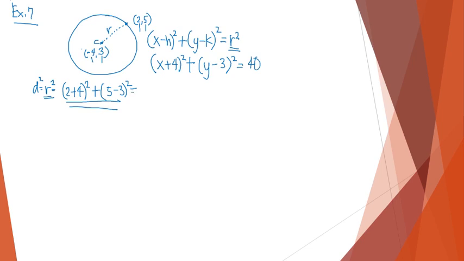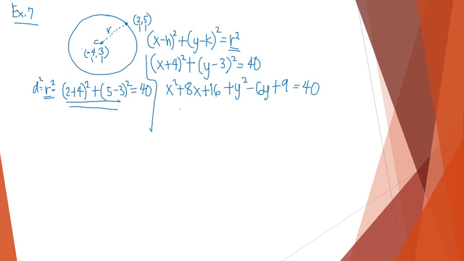If we simplify this equation, we have x squared plus 8x plus 16, plus y squared minus 6y plus 9 is equal to 40.